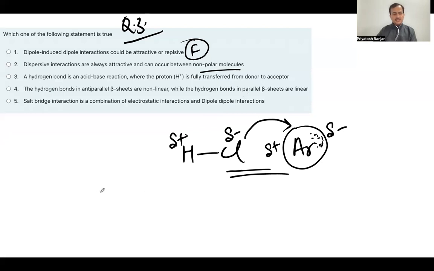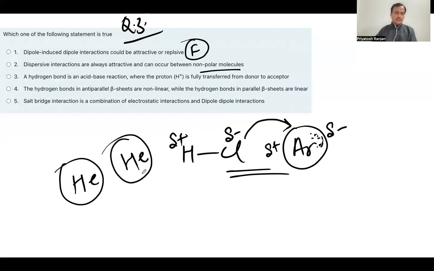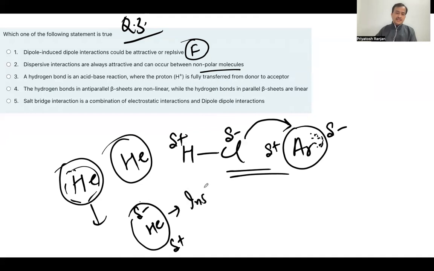Let's consider you have two helium atoms, non-polar, with electrons moving. At a certain brief period of time, the electrons can get pushed towards one end, generating a negative charge at this end and a positive charge at this end. So an instantaneous dipole has been created.